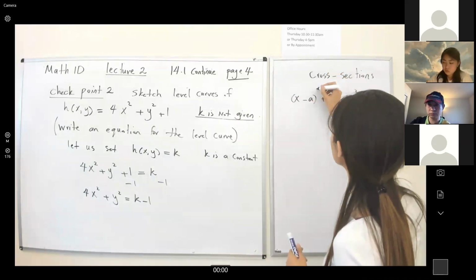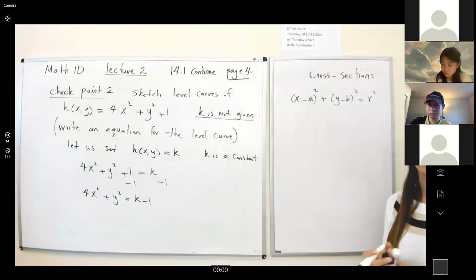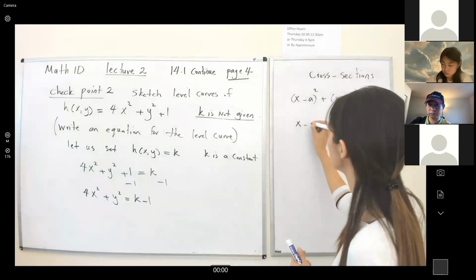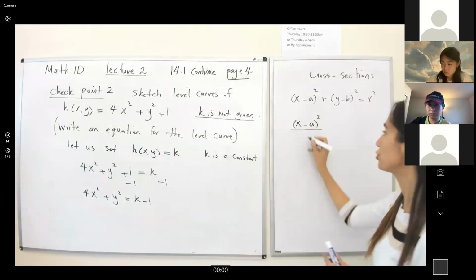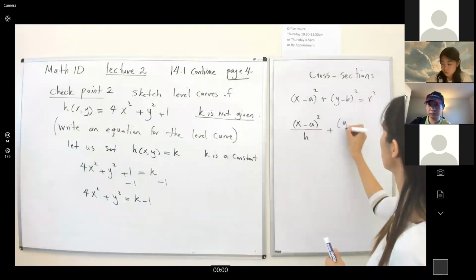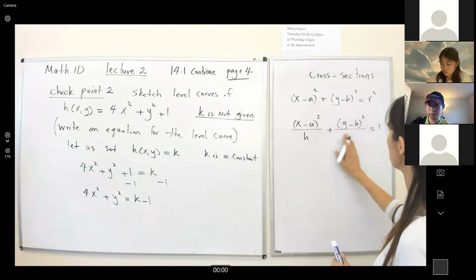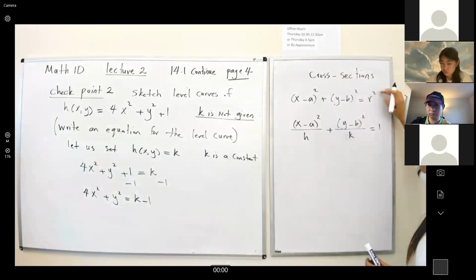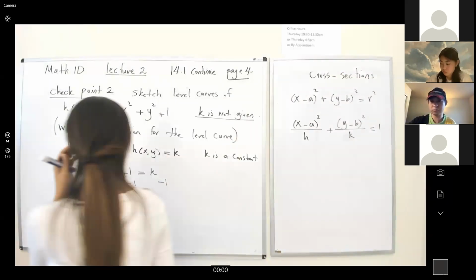We also learned that if the radius is not fixed, we have an ellipse, (x minus a) squared over h plus (y minus b) squared over k equals 1. So we defined the equation of a circle and also the equation of an ellipse. So it's very familiar for us. Take a look at this.